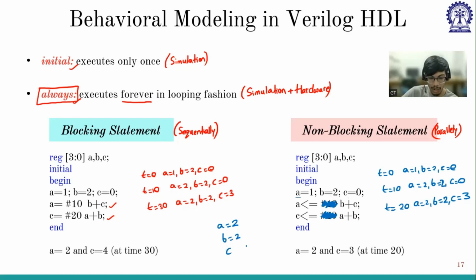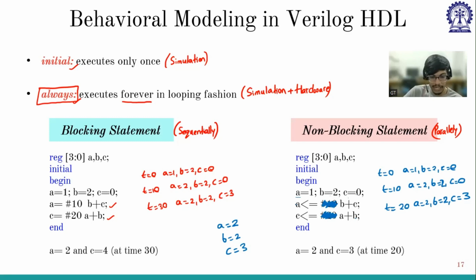And c is also updating at the same time. While c is being updated, a has not yet updated. So c will take the previous value of a, not the updated value, because those two are being updated at the same time. So a will take the present values of b and c. C will also take the present values of a and b, which are 1 and 2. So c is 3. This part, is it clear?